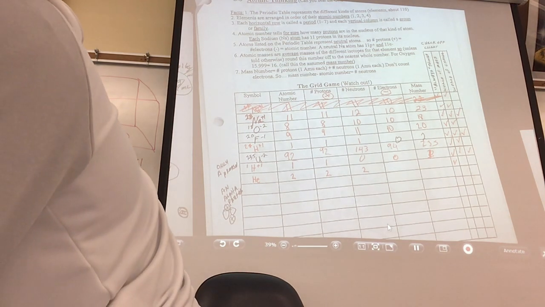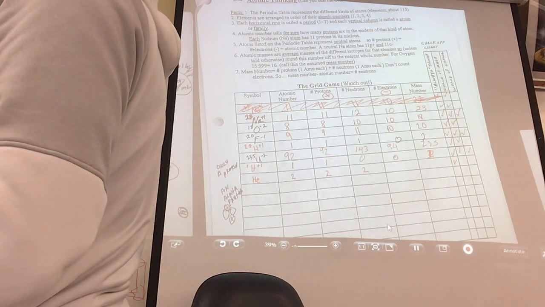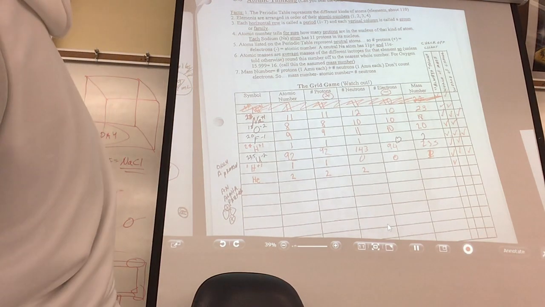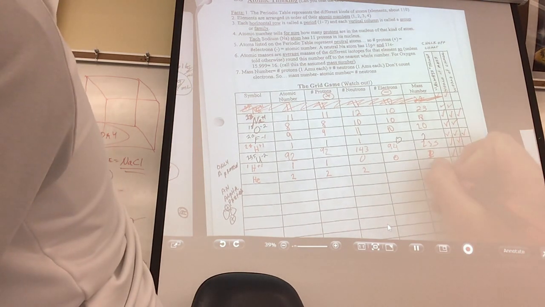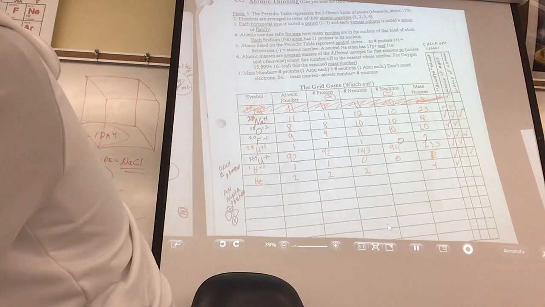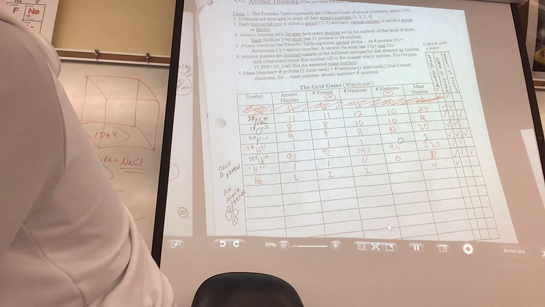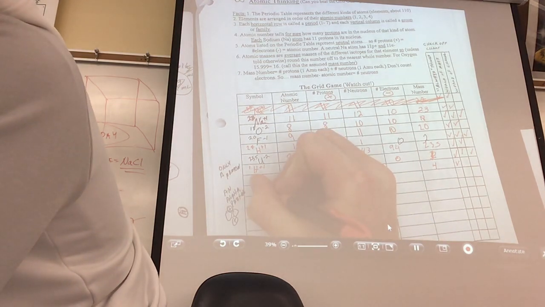The mass number is the number of protons plus the number of neutrons. So it's 4. Now, world of mass? No, you have to put it up here. Very good.